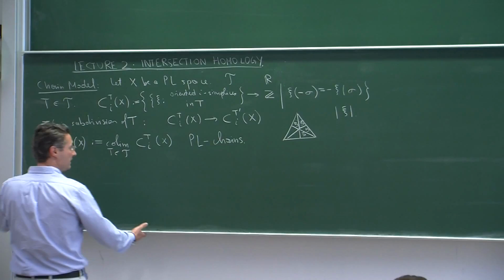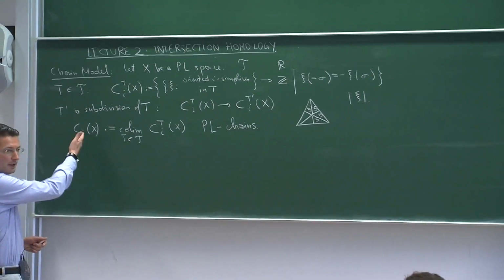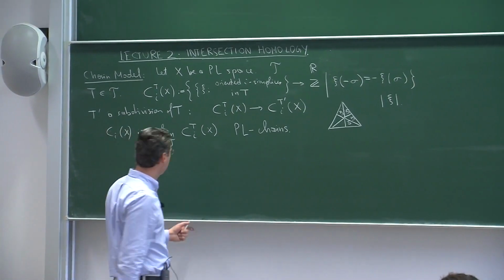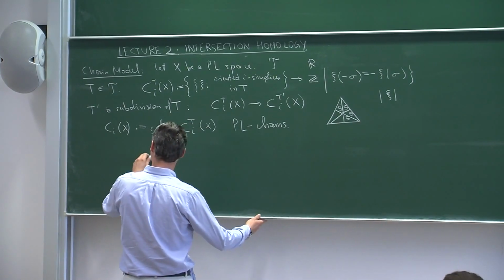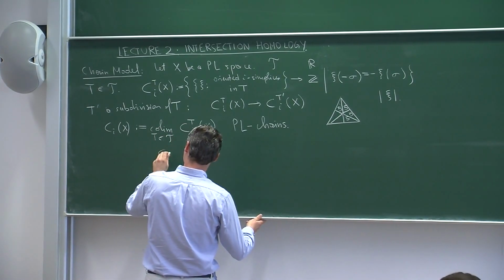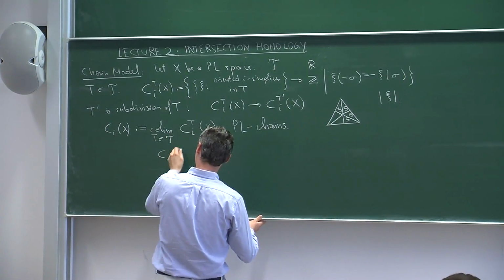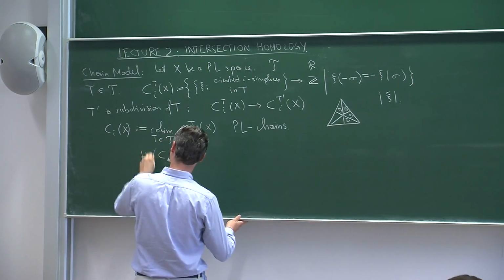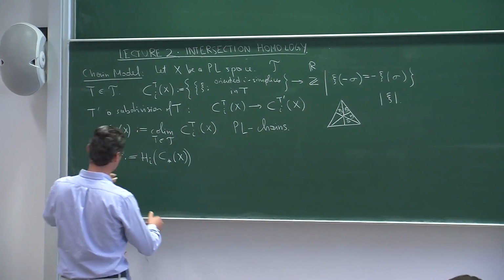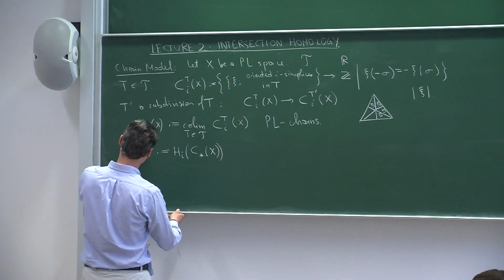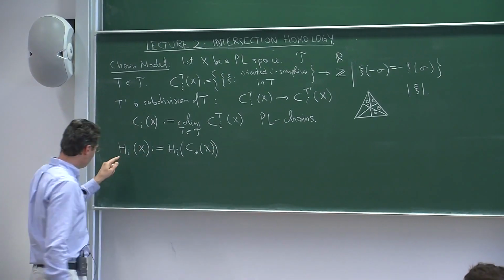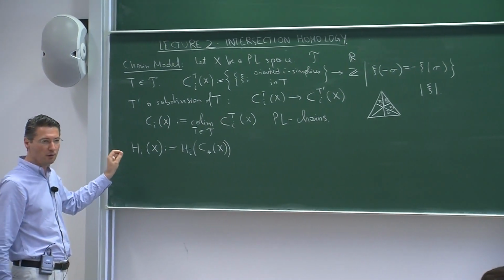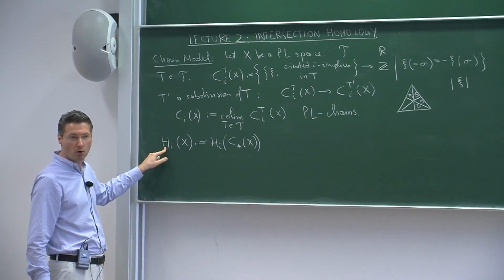Now this defines a chain complex. There's the boundary map as usual for simplicial chains. So it becomes a chain complex, and then I can take homology of that complex. And this will be by definition the homology of X. But again, be careful, this is not the ordinary homology.